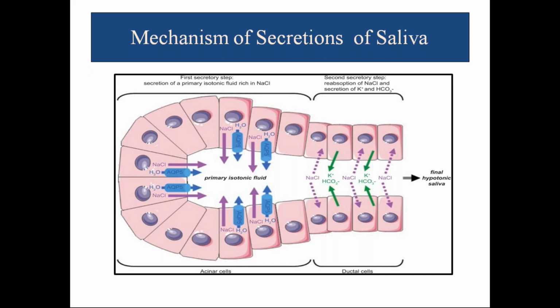In primary secretion, sodium is actively secreted from the acinar cells into the lumen of the acini, right?